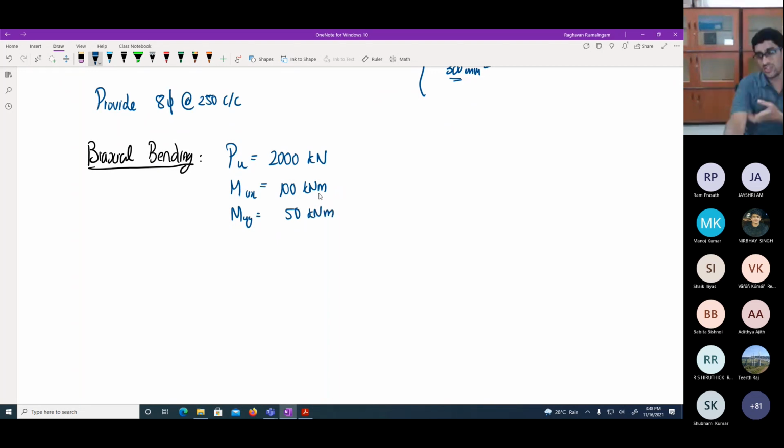Okay, so these are my moments and axial load. Now once again I have axial load, I have one moment, I have another moment. So if I want to draw a rectangle, how do I draw this rectangle? Which way do I orient it?